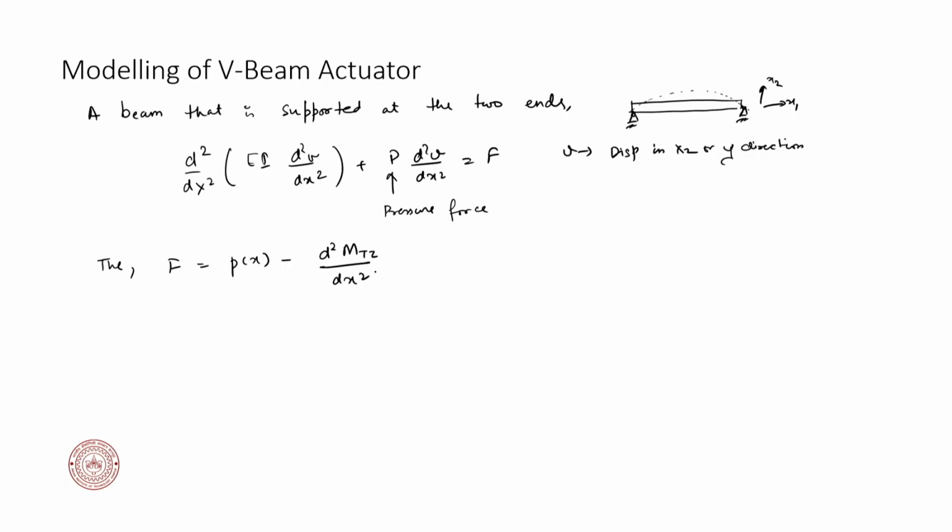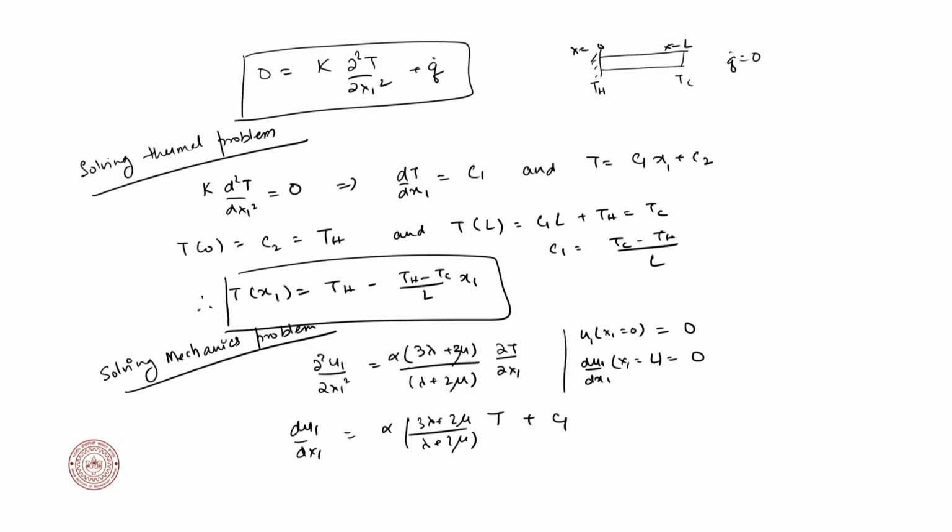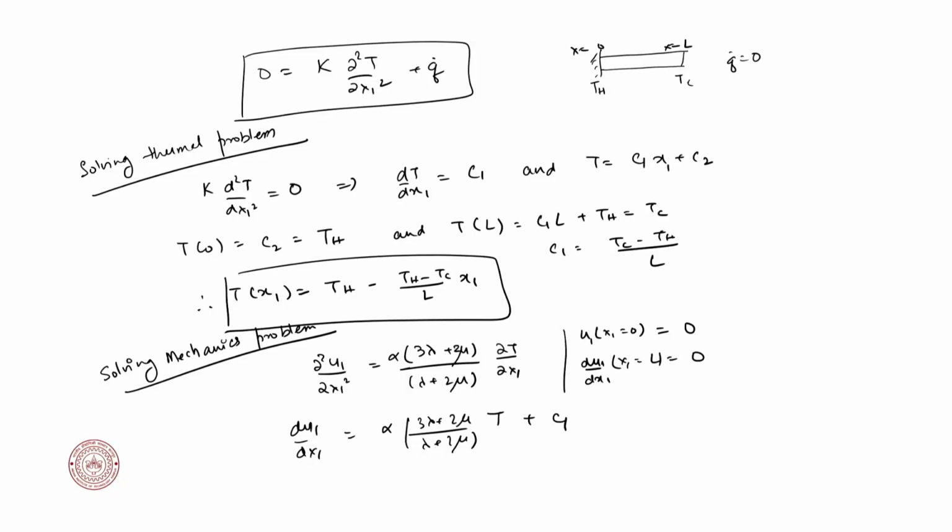Now, you would ask what happened to this thermal gradient term. If you go back, we see that the thermal gradient is along the direction of the displacement. So, the displacement is along y direction, the thermal gradient will also be along y direction, right? So, if the thermal gradient, see dT by dx1. So, if the thermal gradient is along y direction, in this case the temperature difference is along x, not along y, right?